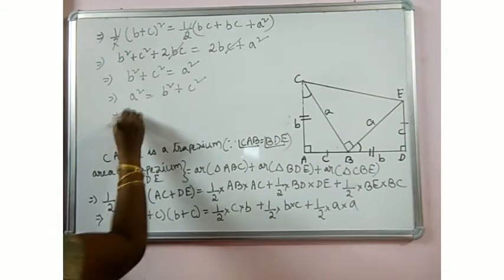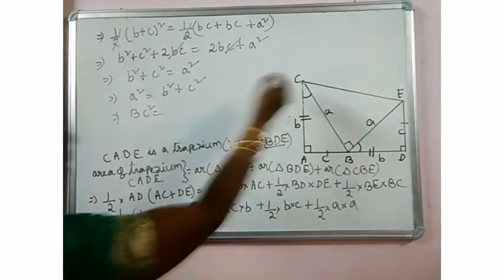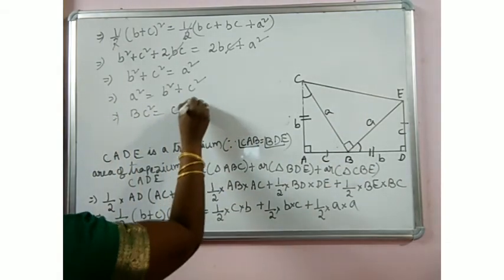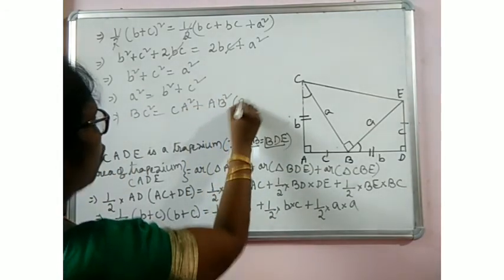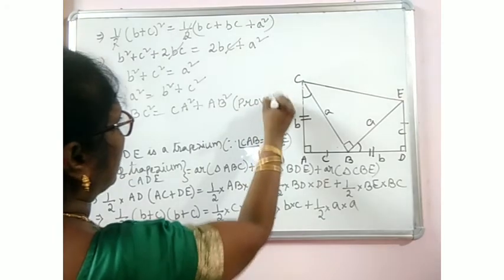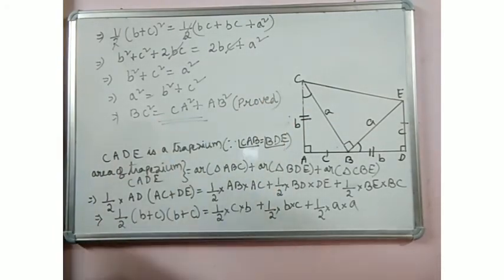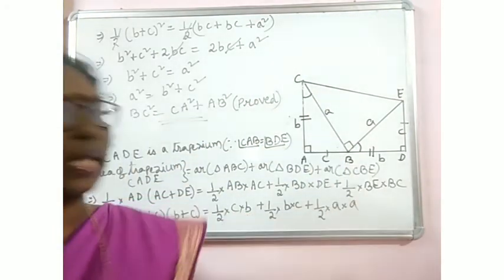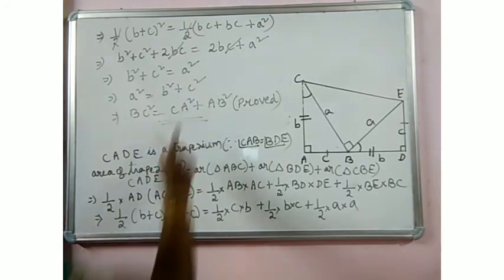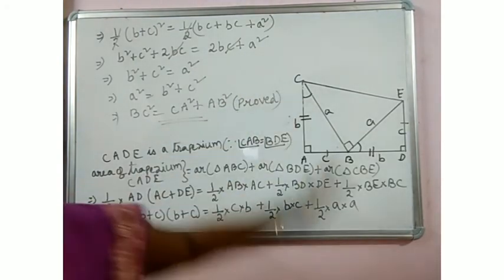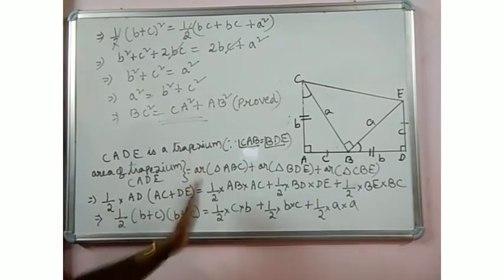Here a means BC square equal to b square is CA square or AC square, c means AB square, and that is what we have to prove, and that is proved. That is, the square on the hypotenuse of the right angle triangle is equal to the sum of the squares of the other two sides. So this is what is your Pythagoras theorem.